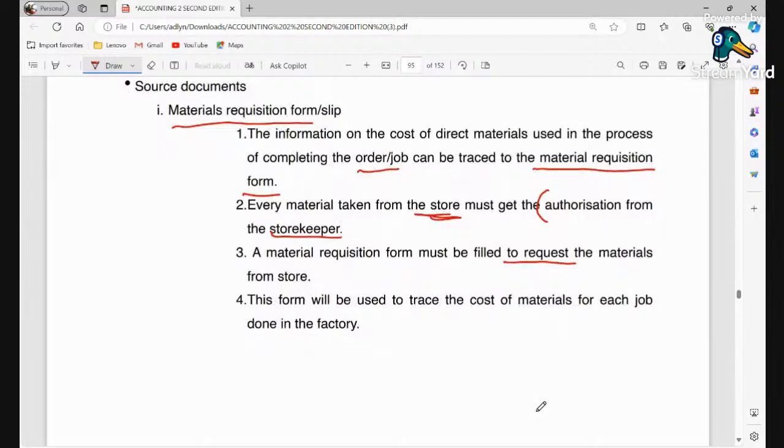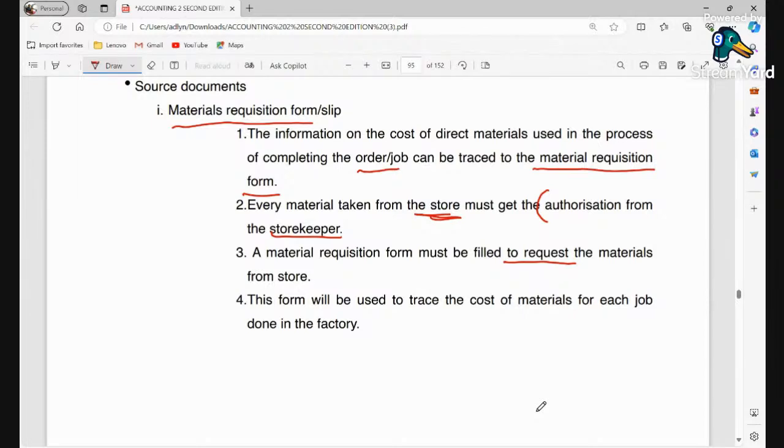Right, and then this form will be used to trace the cost of materials for each job done in the factory. So setiap job ada satu material requisition form. So material requisition form ni bukan untuk keseluruhan pengeluaran kilang untuk 1 tahun ya, nope. Okay, the material requisition form dia akan keluar untuk specific order. Sebab tu kita kata job order costing.